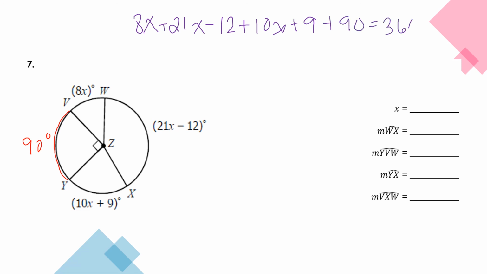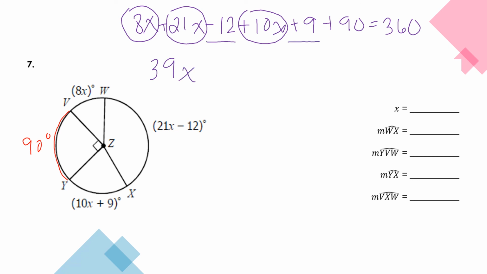And I've got a lot of like terms to combine. So I've got 8x and 21x, so that's 29x, and then 10x, so that gives me 39x. And then we have negative 12 plus 9, which would be negative 3, and then add 90 to that, so that'd be a positive 87 equals 360.